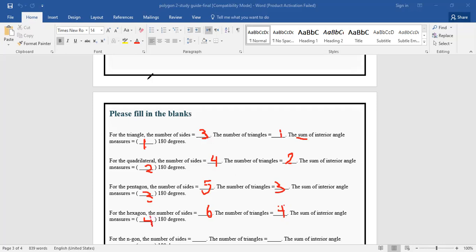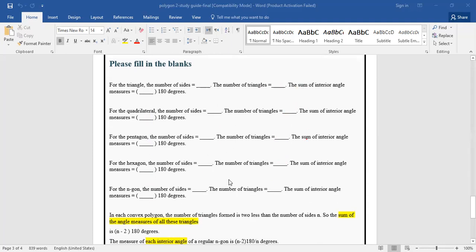Then for any polygon, an n-gon, the number of sides will be n, and the number of triangles will be n minus 2.